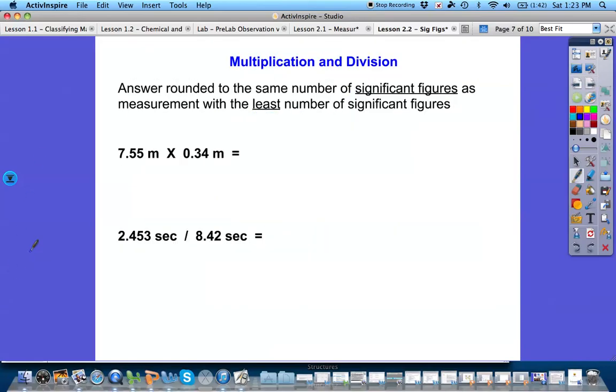For multiplication and division, the answer is rounded to the same number of total significant figures as the measurement with the least number of total significant figures.